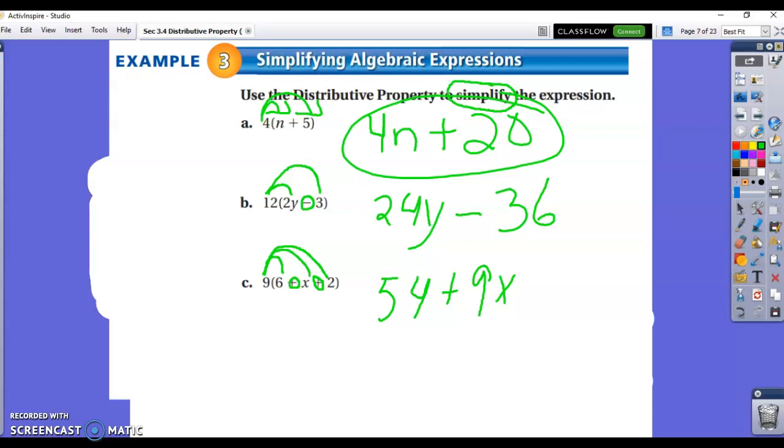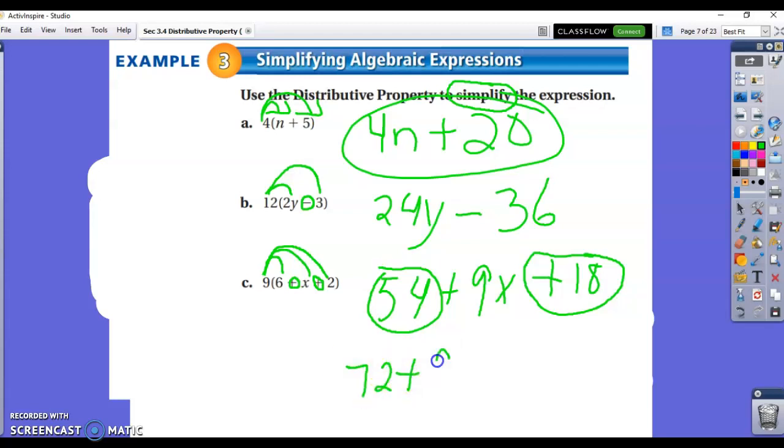And then we're going to take 9 times 2, which is 18. I've done all my work, but there's one more thing to simplify this completely, and that's combining like terms. So I have a positive 18, and I have a positive 54. So I need to add those two together. And to do that, I'm going to go 72 plus 9x, and that is my answer to simplify this expression.